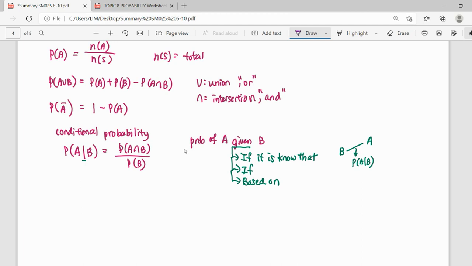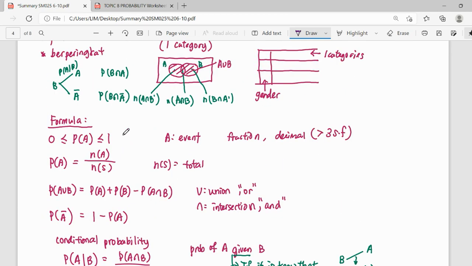Okay, so the special case we will be dealing with, the first one is about mutually exclusive. So unless the question tells you this is a mutually exclusive case or not, you cannot use their formula. So this is our general formula that we deal with our question.